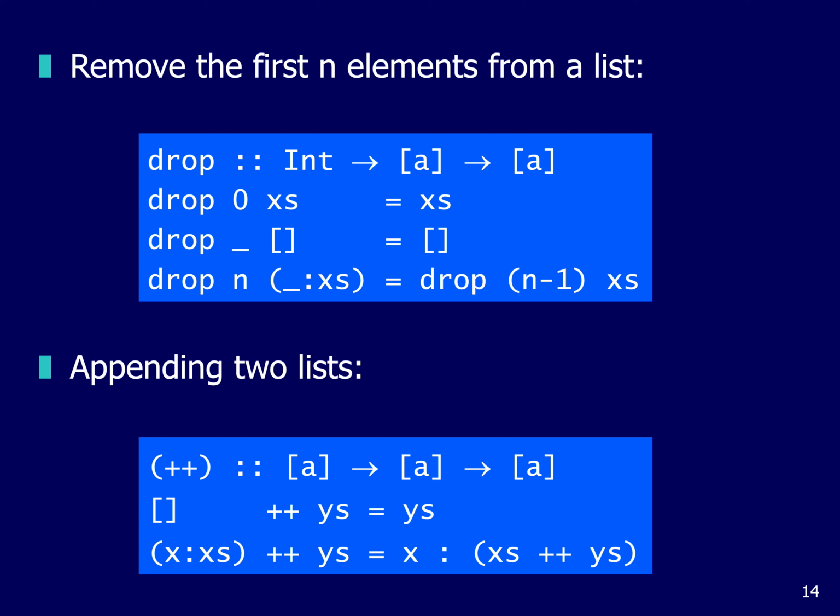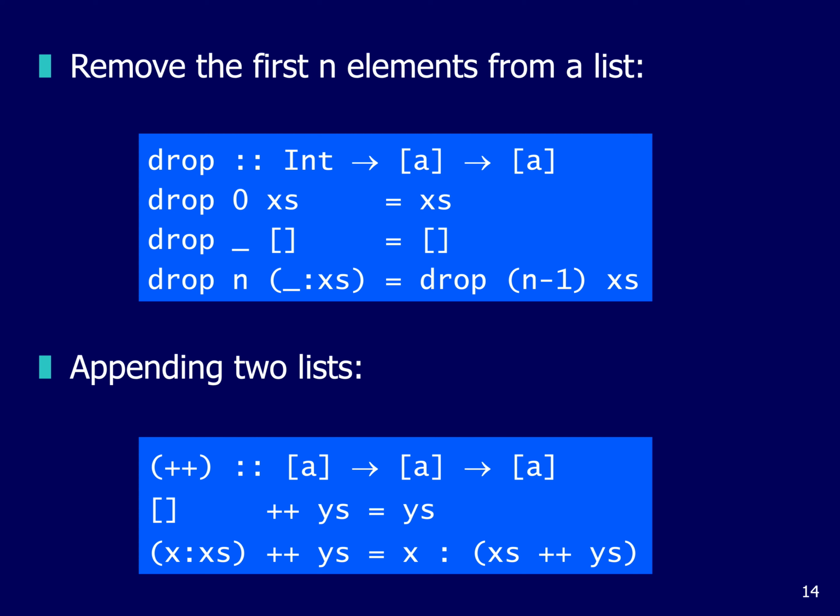So if I want to drop 5 elements from a non-empty list, what I do is I drop 4 elements from the tail of the list. Okay, so the elements play no role at this point in the definition, so we have again an underscore in the pattern. Again, if the definition doesn't make sense, just try a little example. Try dropping 3 elements from a list with 5 or something like that, and turn the handle and see how it actually works out.